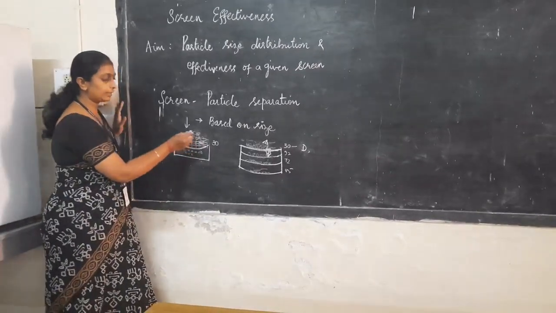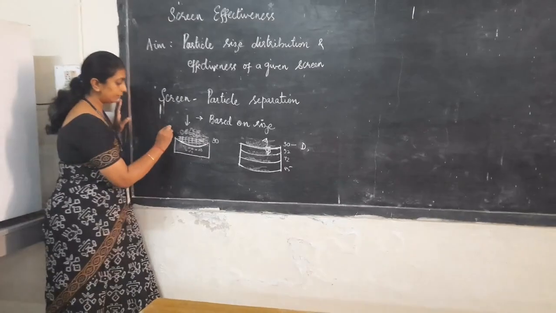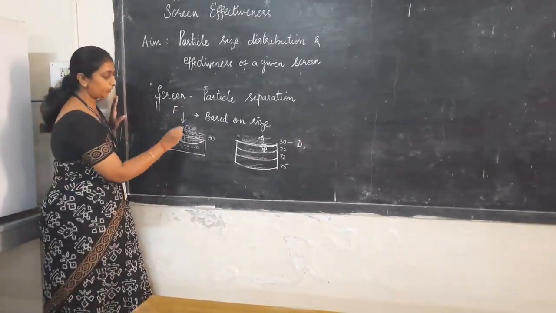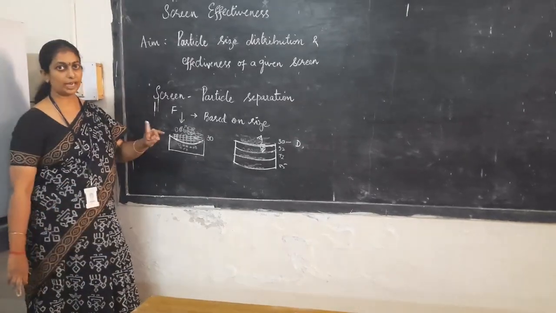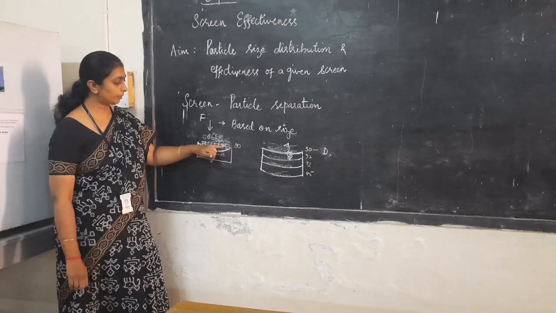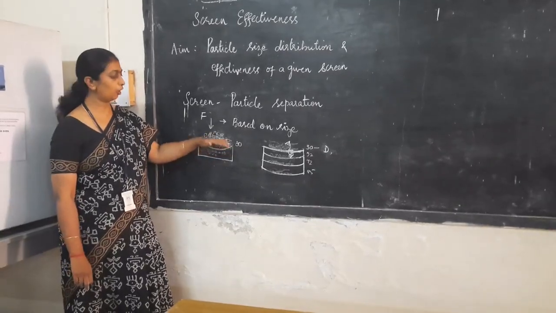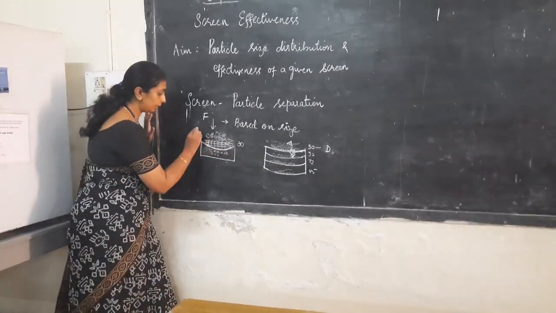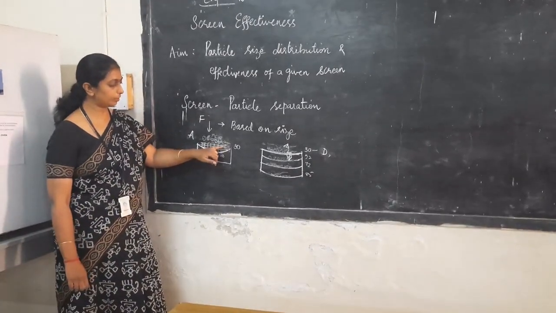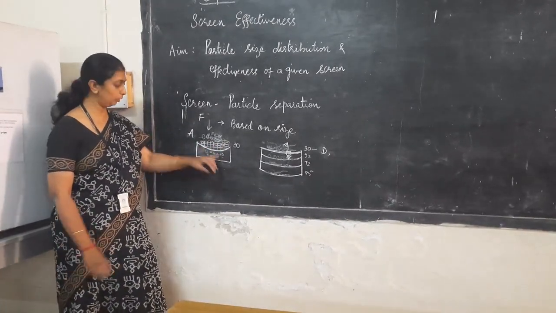Let's consider a feed that is flowing onto this. This feed should now be separated into two categories of particles. One, the particles larger than the opening of this mesh, should all be retained above. Let's consider that as fraction A. And the particles smaller than the opening of this mesh should all pass below the screen.